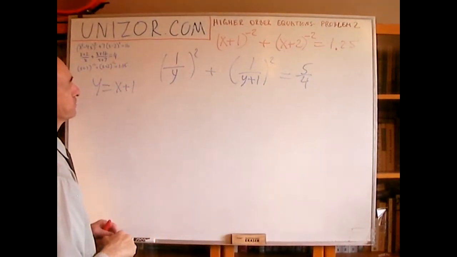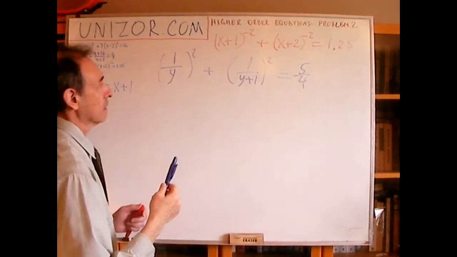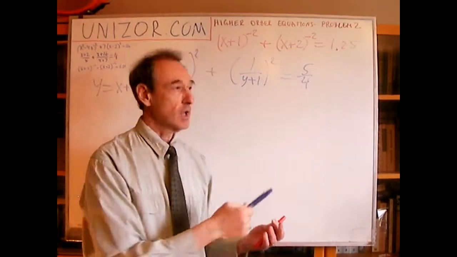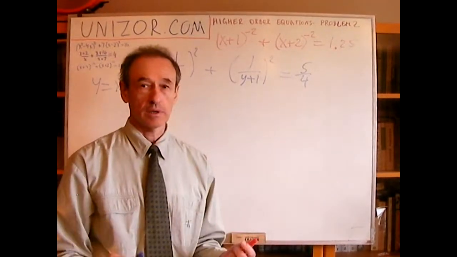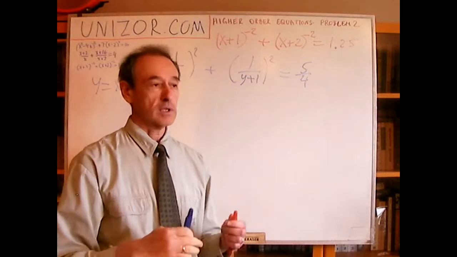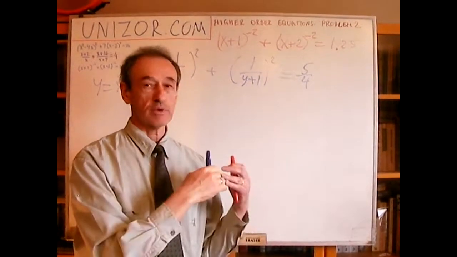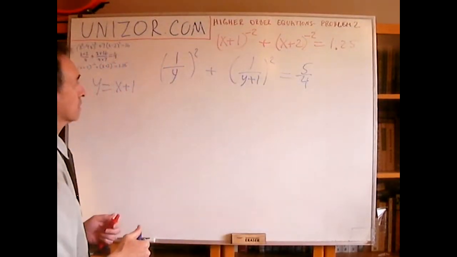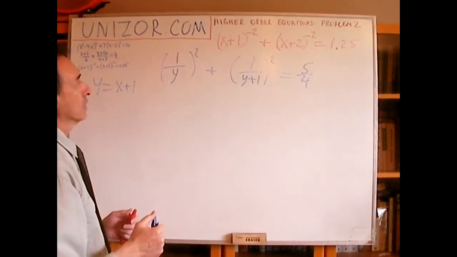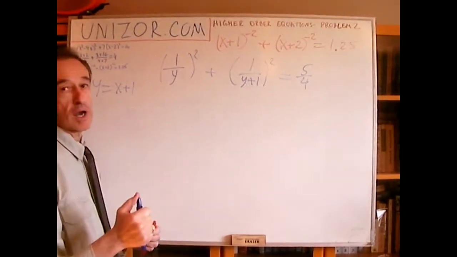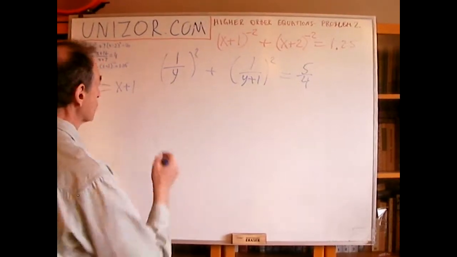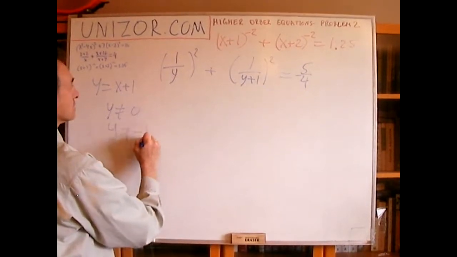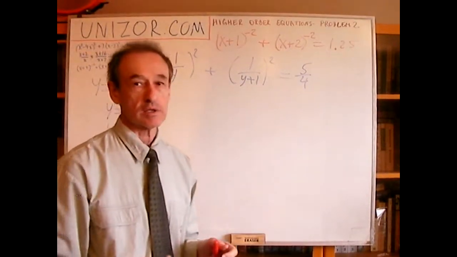That would be easier. And obviously, I will try to do something similar to what I did before. I will get rid of the denominator, and I will put everything on the top to have a polynomial equation. Polynomial is easier than dealing with this thing. Obviously, I have to immediately restrict my set of allowed solutions to y not equals to 0 and y not equals to minus 1 to prevent these two denominators from being equal to 0.